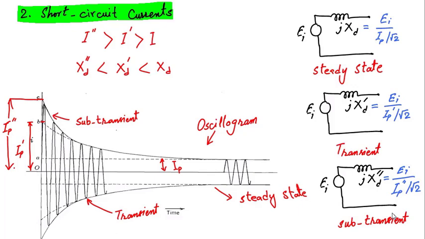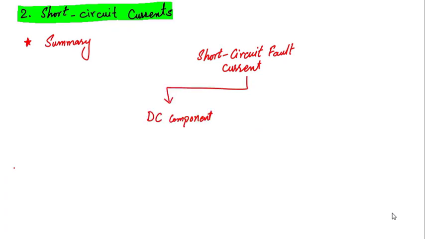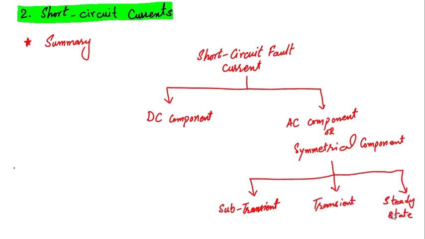Okay, let's summarize our discussion up to this point. Short circuit fault current has two parts, a DC component and an AC component. The AC component is also known as the symmetrical part of the current. The DC component decays with time. The AC component, in the case of a generator, has three periods: sub-transient, transient and steady state.